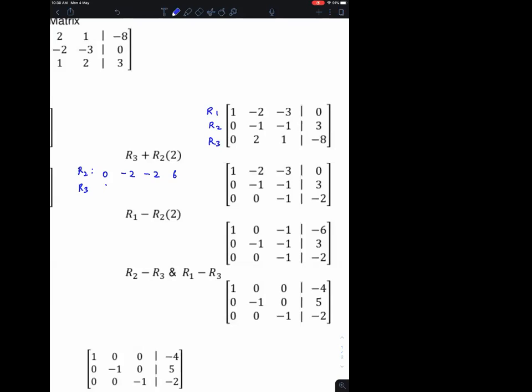R3 is 0, 2, 1, -8. If you add them up, you get 0, 0, -1, -2. Okay, so you will put this into row number 3.